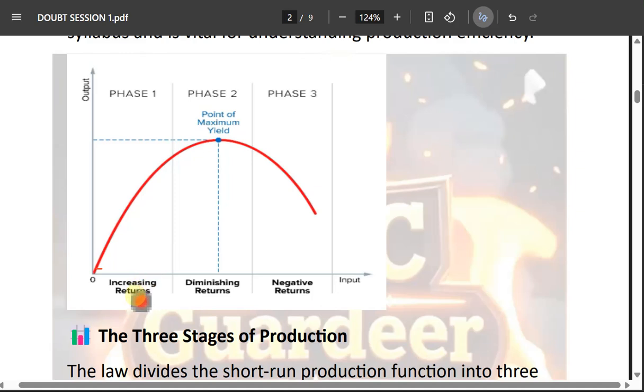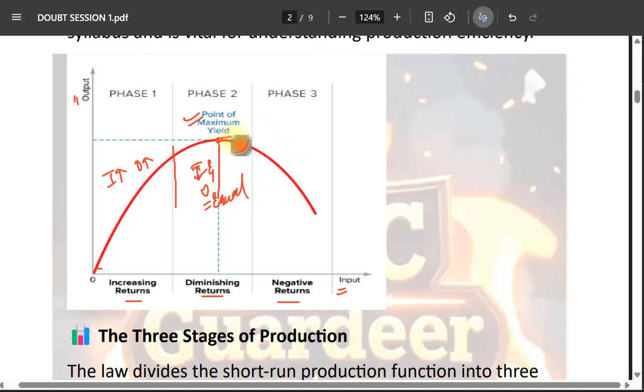Look at this graph here. There are increasing returns, diminishing returns, negative returns, input, output, phase 1, phase 2, phase 3. First you see that when I increase my input, there is also an increase in the output till here. Input increases, output is also increasing. But when it reaches the maximum yield point, it starts to stabilize.